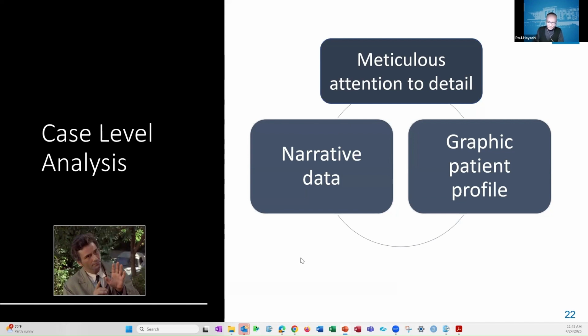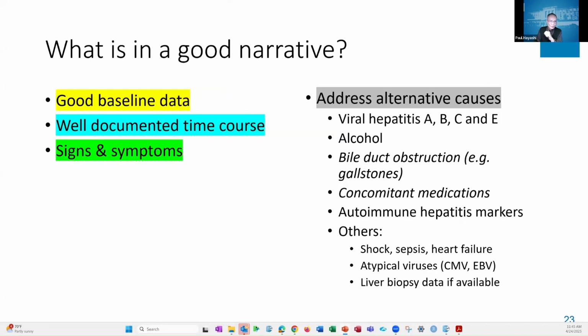And so the way that the data comes to us is non-standardized, and if you're involved with a liver injury with us on the DILI team, you'll see that we ask for certain things in a certain way. And firstly, what is a good narrative?